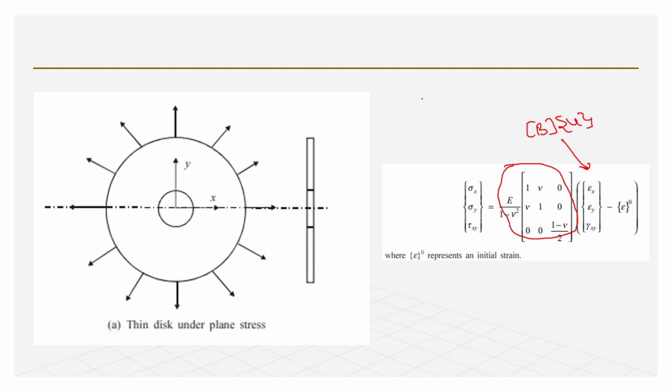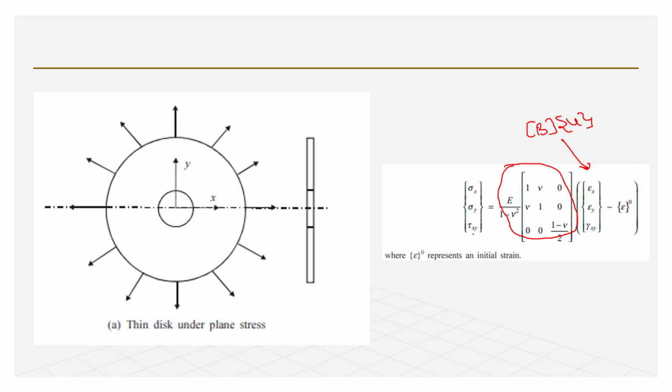This B matrix is based on CST constant shape functions. We are not going into detail about how this B matrix is derived. If you are interested in how the B matrix is derived for the CST element, we have added a PDF below so that you can see and download.